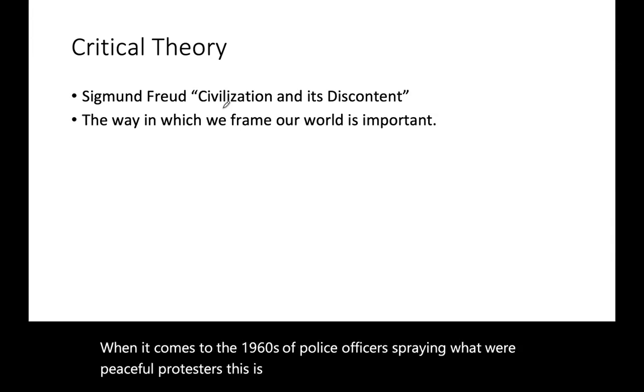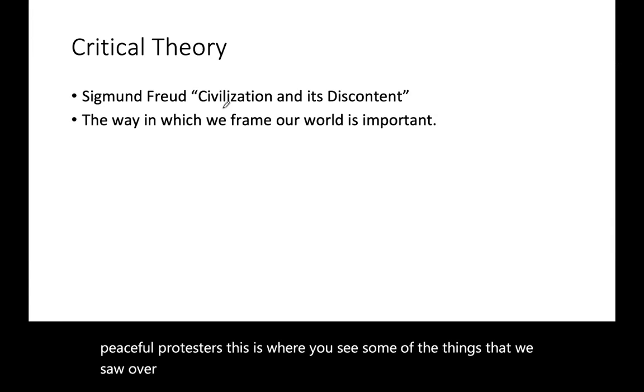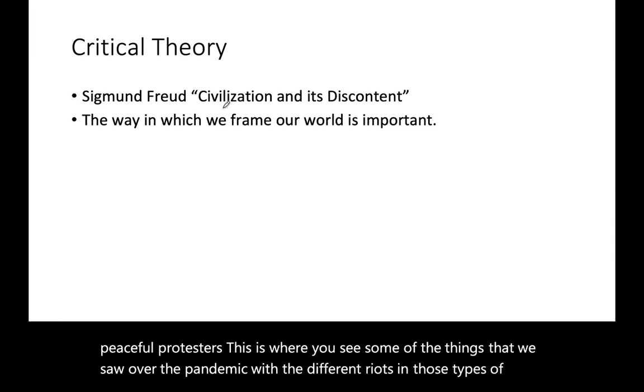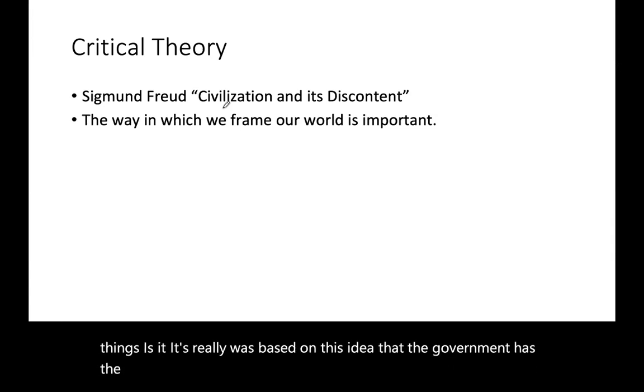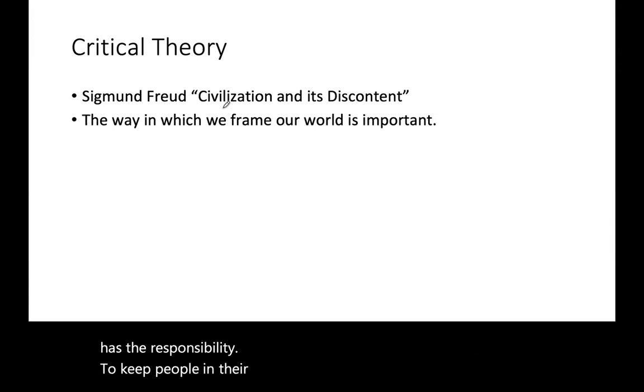This is where you see some of the things that we saw over the pandemic with the different riots and those types of things. It really was based on this idea that the government has the responsibility to keep people in their place. So, Black people shouldn't have a voice, so we've got to repress that.